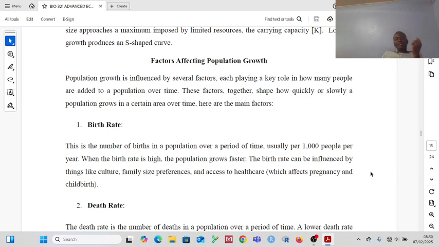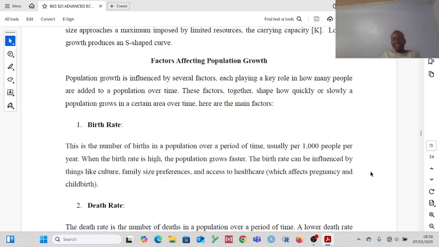That will not only affect the ability to get pregnant, but also to sustain the pregnancy and sustain the child even after birth. Because if there are good healthcare services, then upon being pregnant, the woman, or the female if it's just an organism, can be taken good care of so that the pregnancy is sustained.